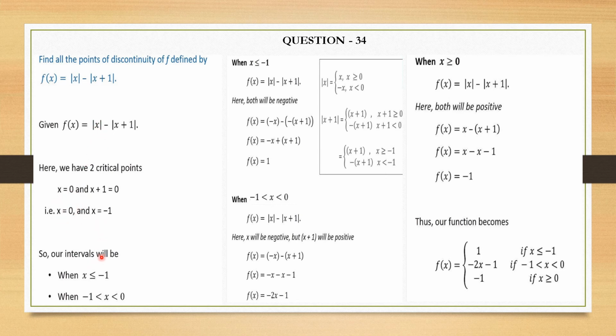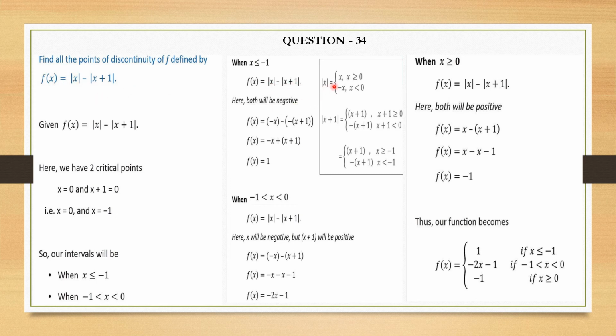Okay, so the 2 points where it turns out to be 0 are x equals 0 and x equals minus 1. So how will I check the intervals? Minus 1, 0. I have to check for less than minus 1, between minus 1 to 0, and greater than 0. So see how I am going to define it. When x is less than or equal to minus 1, the first case, f(x) is mod x minus mod of x plus 1.